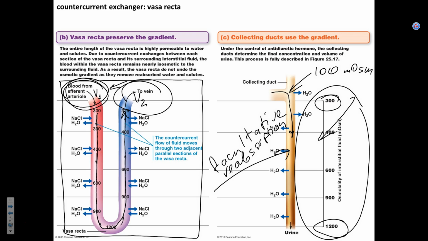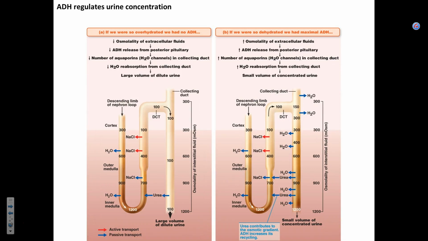Now, look at this scheme. Imagine that you are overhydrated. I'm going to avoid ADH at all costs so far, okay? Imagine that we drank like 2 gallons of water.